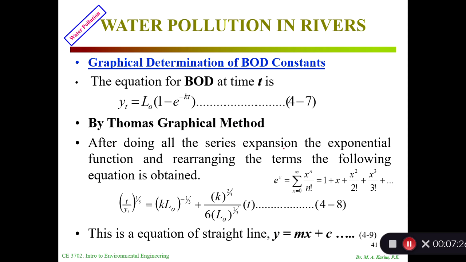After doing all the series expansion, here is the series expansion. You have done that in math, like e to the power x. Since it is negative in here, if we expand it, most of the time this would be negative, this would be negative, and the rest would be negative, and also the power would be negative here, right?